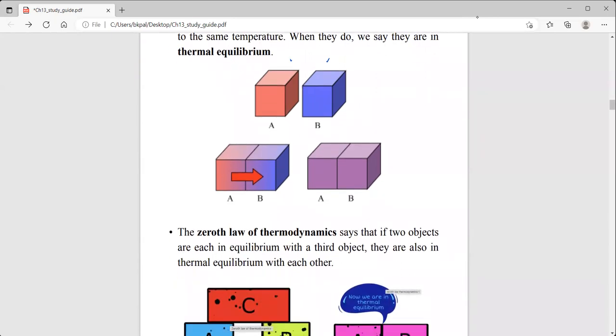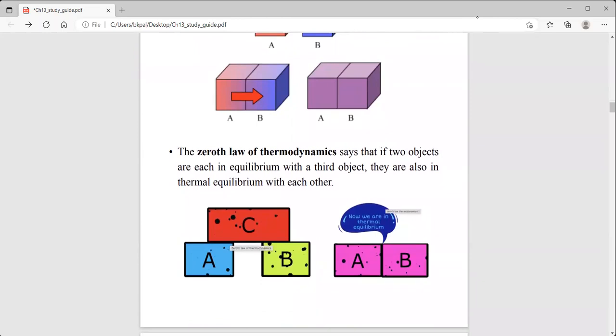And what about the zeroth law of thermodynamics? It is basically another way to define thermal equilibrium. It tells us that if we have three objects, A, B, and C, and if A and C are in thermal equilibrium with each other, and C and B are in thermal equilibrium with each other separately, then A and B are also in thermal equilibrium.